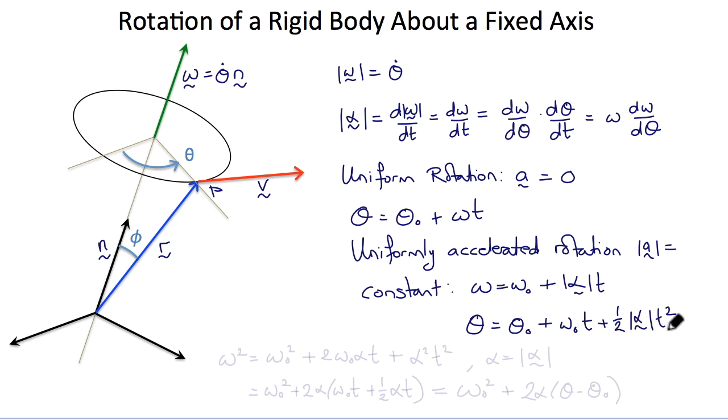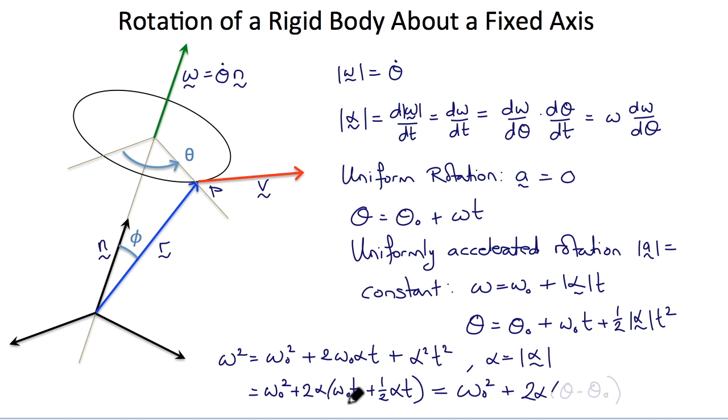And then taking the square of omega, we get omega squared equals omega naught squared plus 2 omega naught alpha t plus alpha squared t squared, where alpha is the magnitude of the acceleration vector. And so that means that omega squared is omega naught squared plus 2 alpha times (omega naught t plus 1/2 alpha t squared), which is omega naught squared plus 2 alpha times (theta minus theta naught).